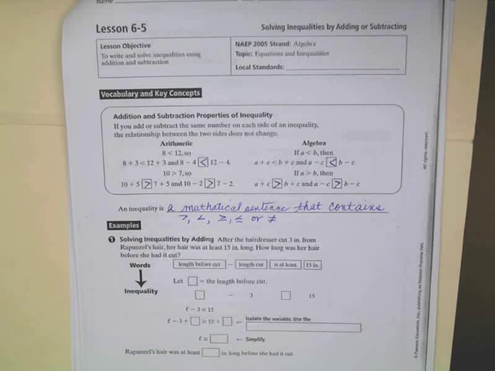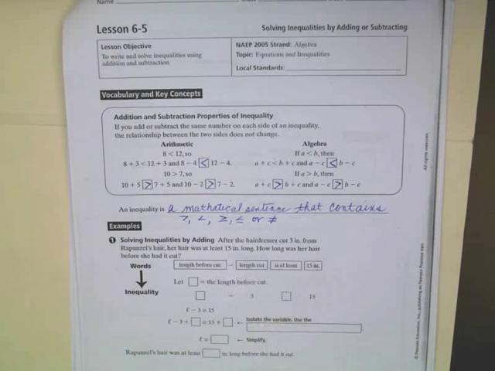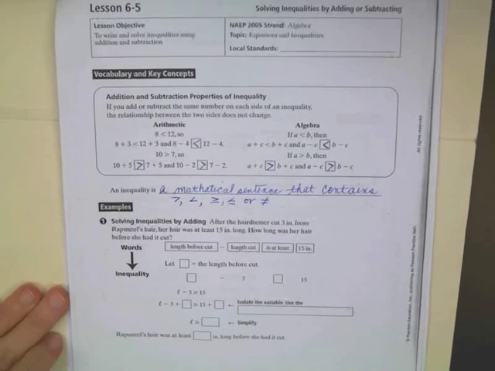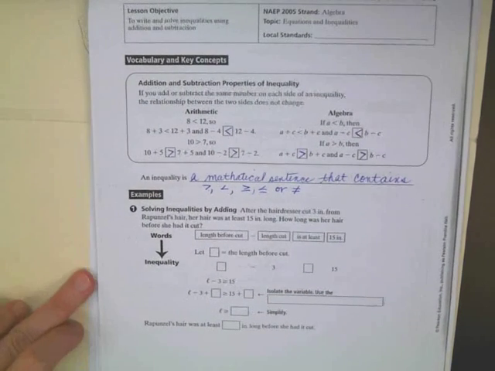Okay, so the first four are the ones that we're going to focus on. The last is just saying that two things are not equivalent. It doesn't tell us a whole lot other than that.